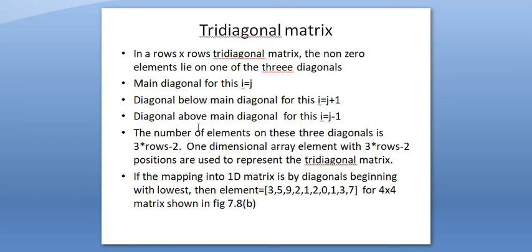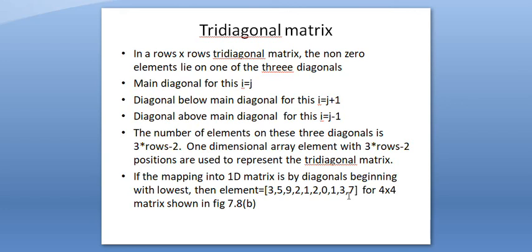Now the mapping function which we are going to use is lowest by diagonal. What is lowest by diagonal? We will talk about this. For this, in figure 7.8b, you have a tridiagonal array. I'll read the tridiagonal elements.